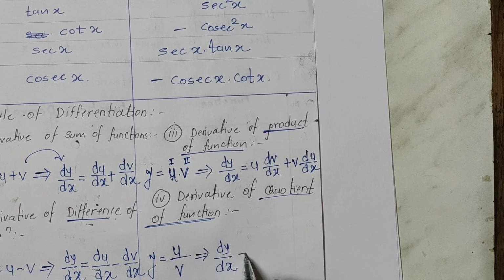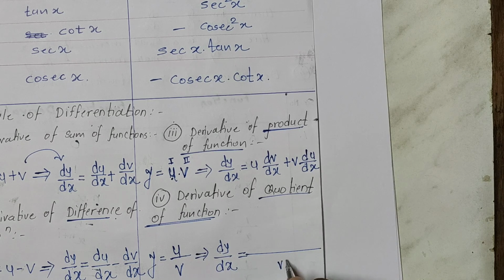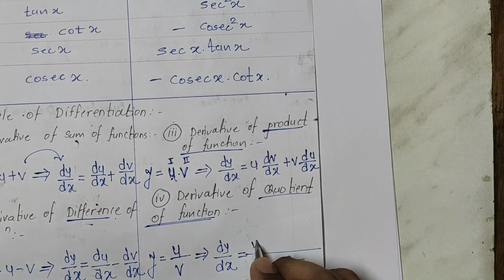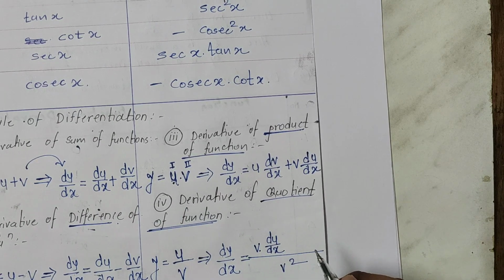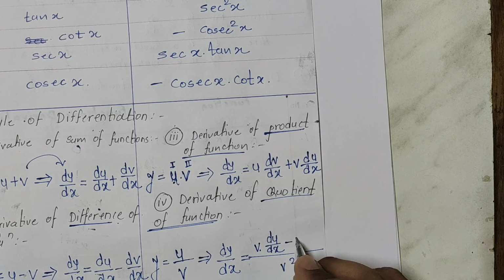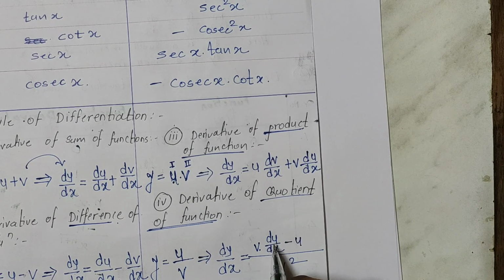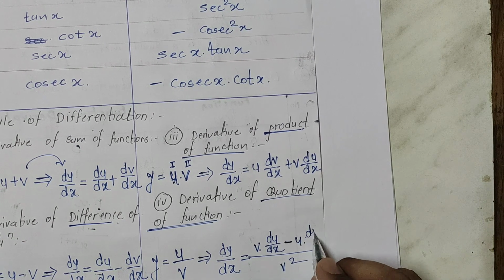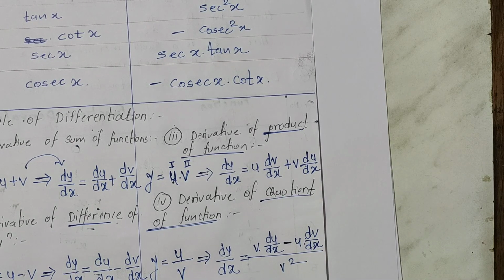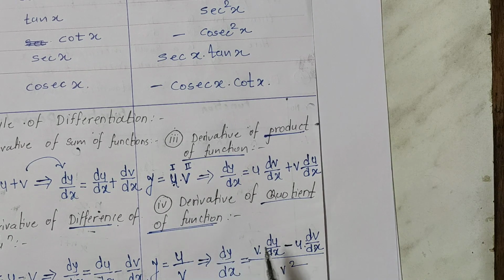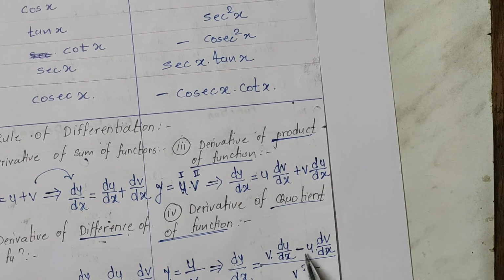Dy upon dx is equal to, here we start from the denominator v, then taking v square, v as it is, then u derivative means du upon dx, minus u as it is, then into v's derivative means dv upon dx. Same trick as we use in the u into v formula. So v as it is, then u derivative, minus u as it is, then v's derivative.